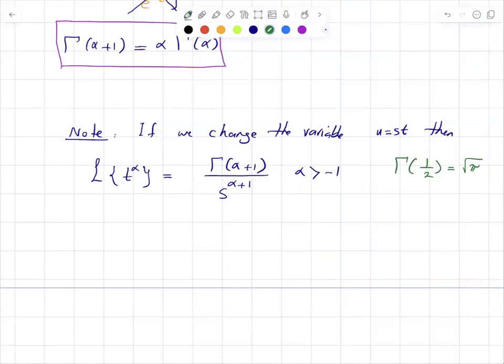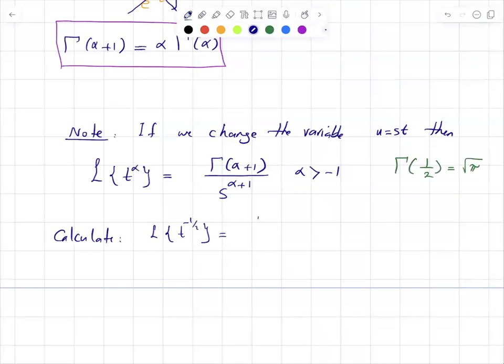Suppose I ask you to calculate the Laplace of t to power negative a half. In that case, following the formula, wherever we see alpha, we're going to use negative a half.